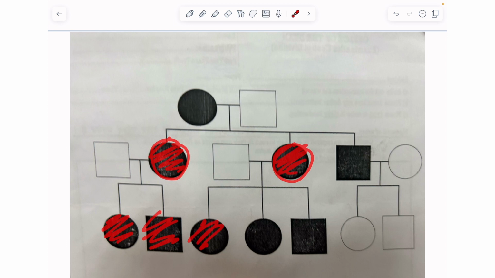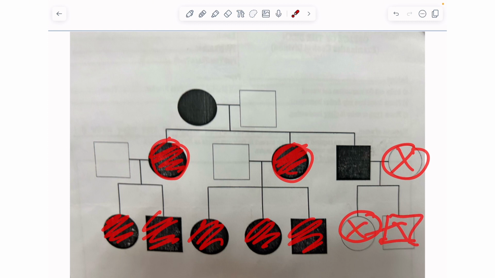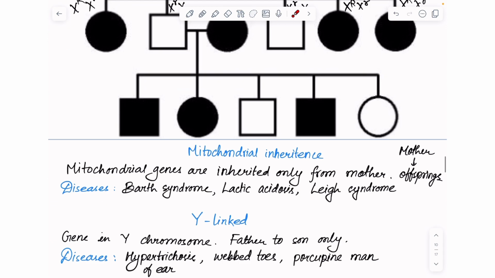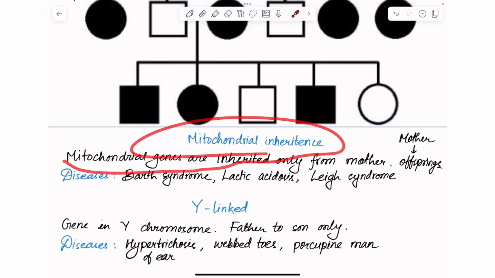Here mother is shaded and so are all of her offsprings. Here the mother is not shaded, so all of her offsprings are not shaded. And I said which type of inheritance is seen when the trait is passed from mother to all of her offsprings? That is mitochondrial inheritance.